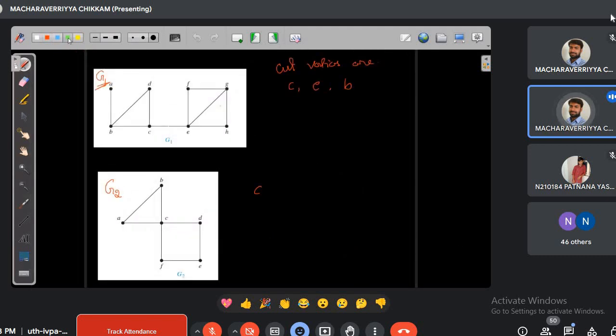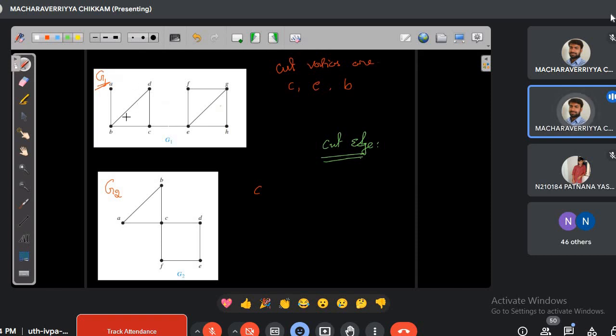Now let me talk about cut edge. I hope you know the definition. What is a cut edge? By removing that edge, the graph becomes disconnected. Okay.